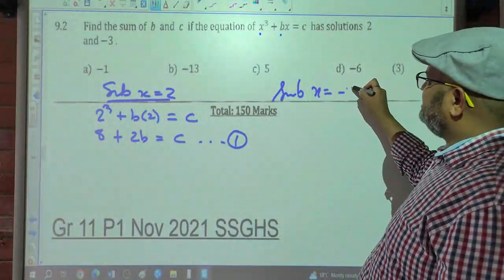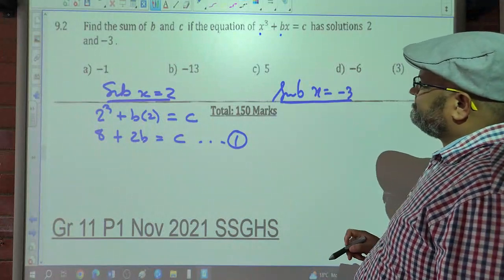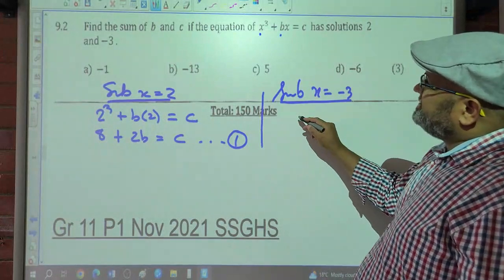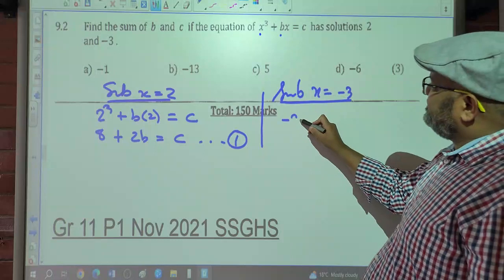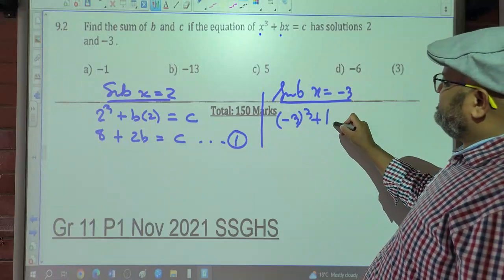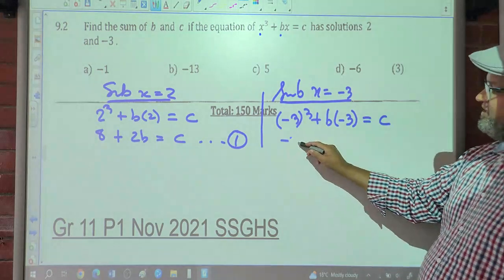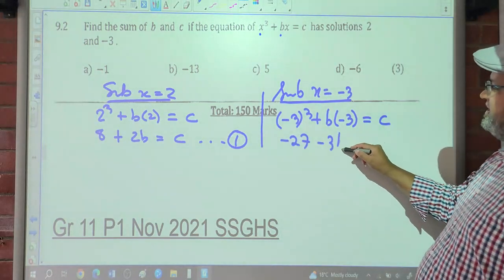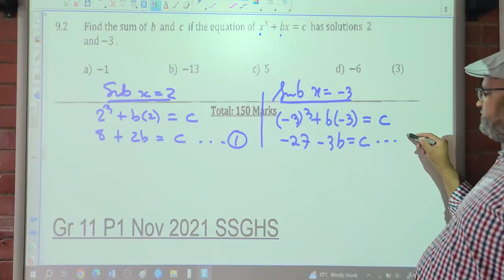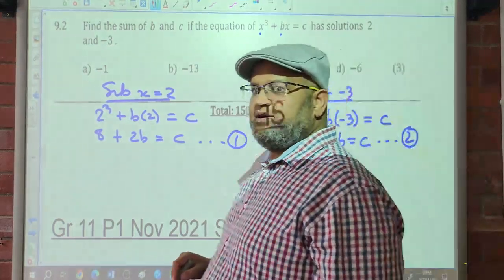Now let's substitute x is equal to negative 3. If I do that, it is going to be negative 3 cubed plus b times negative 3 equals c. So it's negative 27 minus 3b is equal to c. This is equation 2.